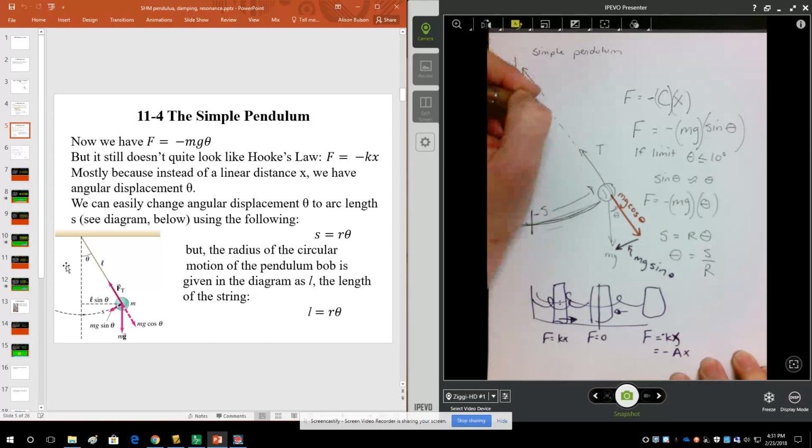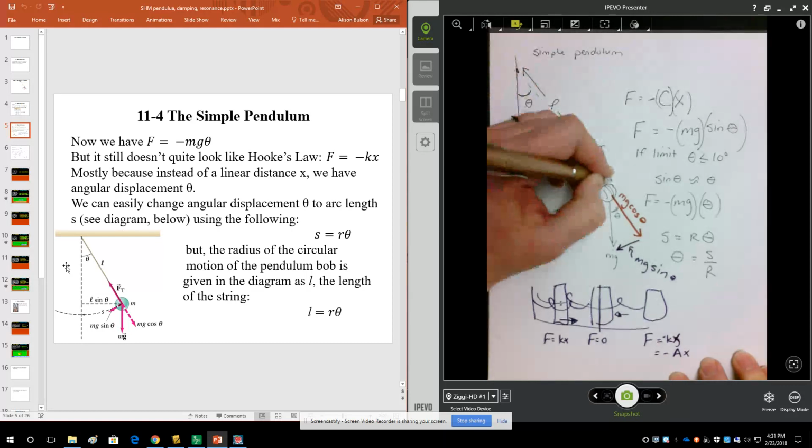In the diagram on the slide, that is indicated as length L.